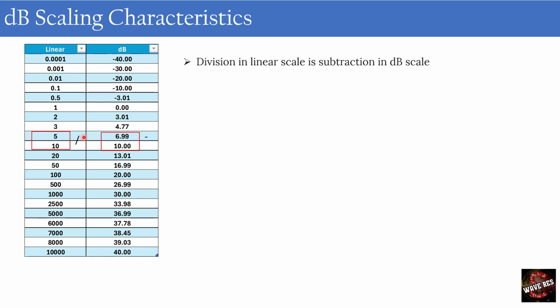Similarly, division in linear scale is subtraction in dB scale. If you divide 10 by 5, it is like 10 minus 6.99. We can see that 10 by 5 is 2, and 10 minus 6.99 is 3.01. That is, division in linear scale becomes subtraction in dB scale.